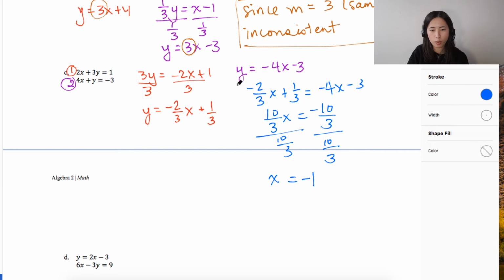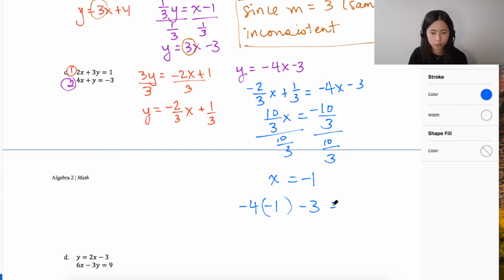So how do you find the y when x is equal to negative 1? All you have to do is pick any of your equations. It could be the red one or the purple one. Maybe we can pick this one because this is the easiest as opposed to fractions. So if you plug in negative 1, then you multiply this to negative 4 minus 3.